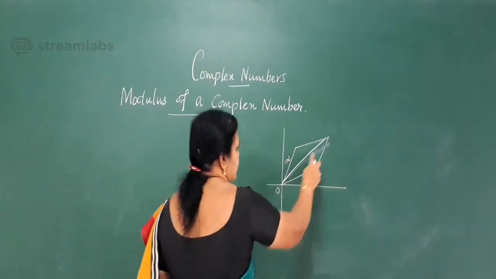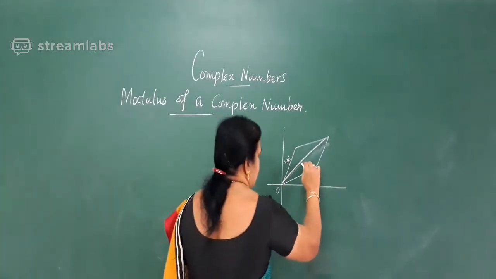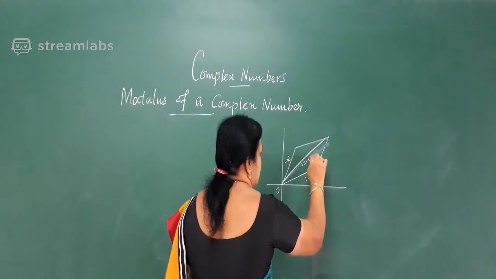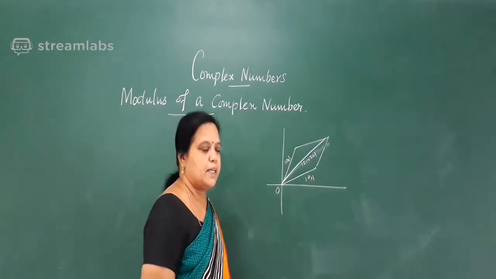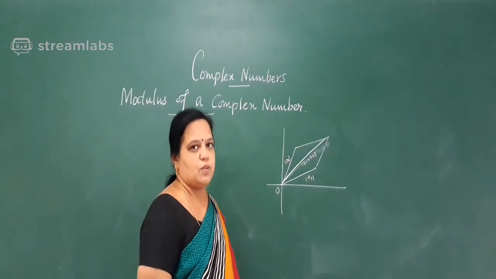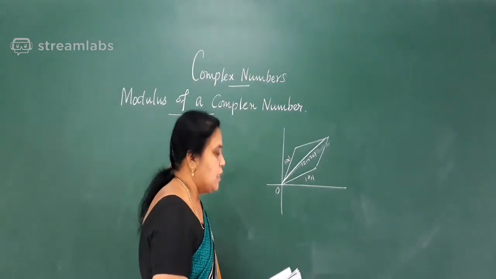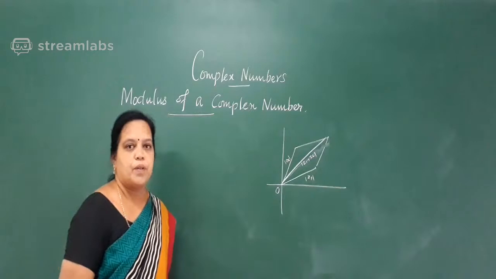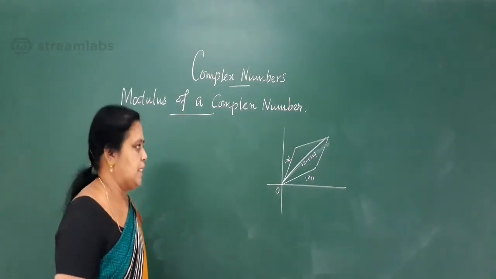The length of this line will be modulus z1 plus z2, but it should not be greater than the sum of the remaining two sides. That is the geometrical representation. This is the reason it is known as the triangle inequality.